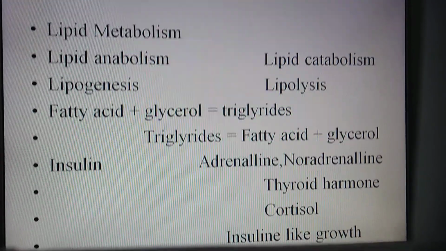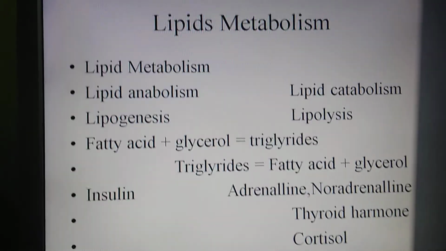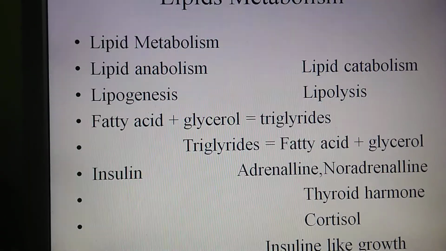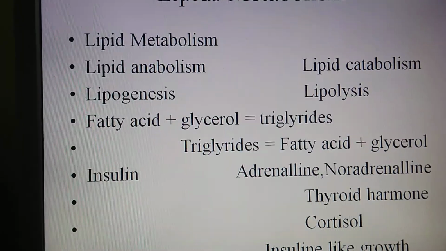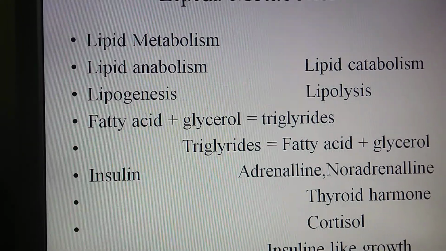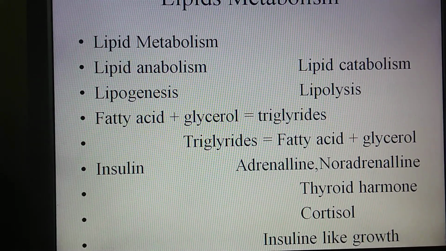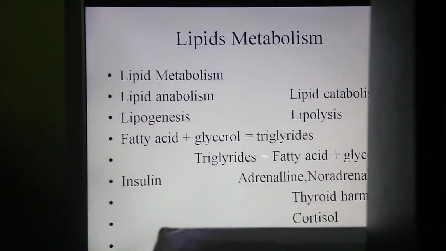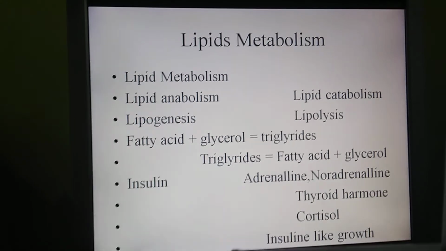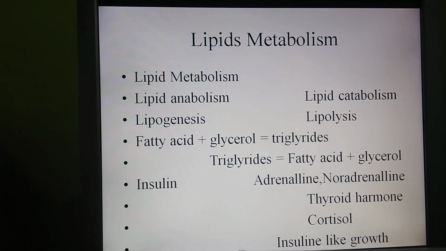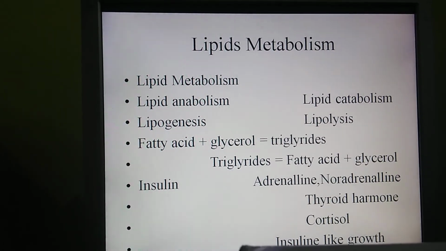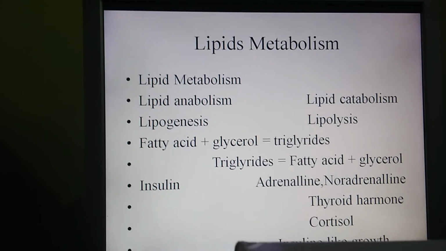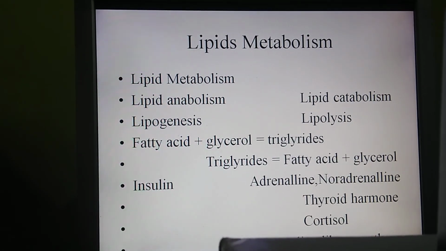Now, lipid metabolism. Here, I will just make the slide. You can see lipid metabolism consists of lipid anabolism and lipid catabolism.